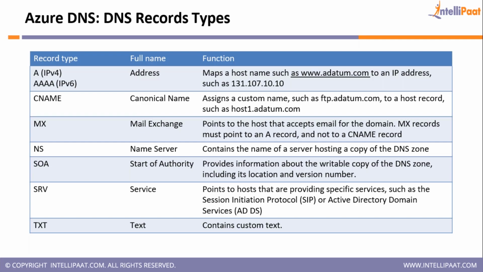And a CNAME record, canonical name, is used to assign a custom name, suppose here ftp.adatum.com, to a host record such as host1.adatum.com. The CNAME record is also very commonly used. When we configure load balancers or Traffic Manager, we don't want our users to see the actual URL that Azure provides.